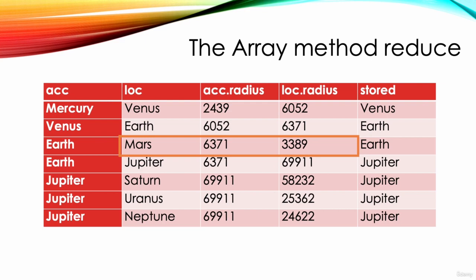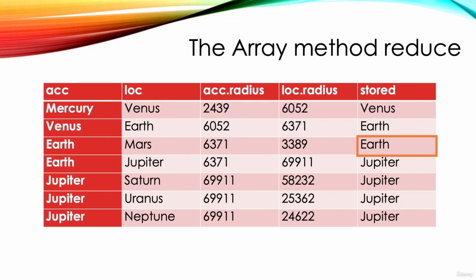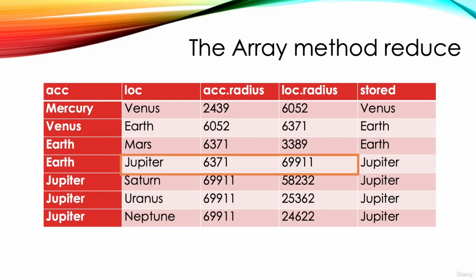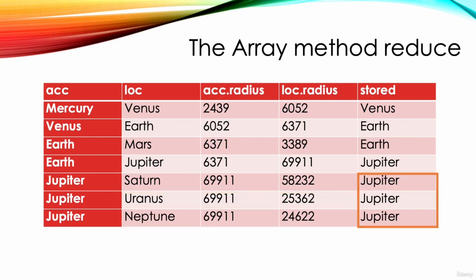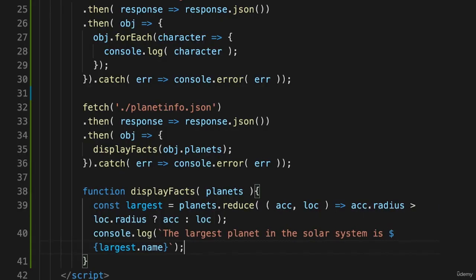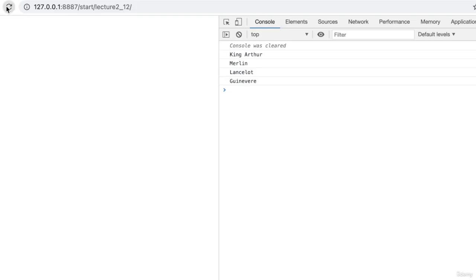Now we test Mars. This is smaller than Earth, so we keep Earth as the acc value. We move on to Jupiter, which is much bigger than Earth, so we now store Jupiter as the acc value. And as we iterate through Saturn, Uranus and Neptune, Jupiter is the largest, so Jupiter remains as the acc value. And we exit the method with the largest set to Jupiter. Save and refresh and you'll see that Jupiter is the largest planet.